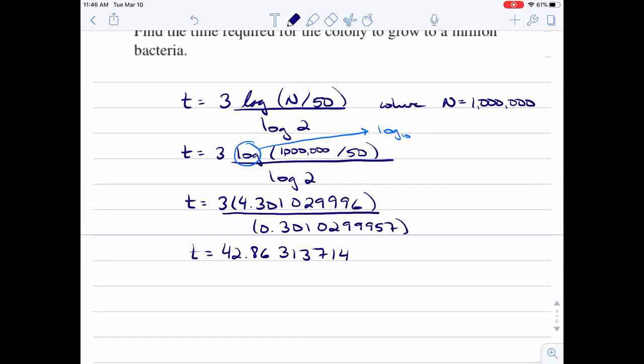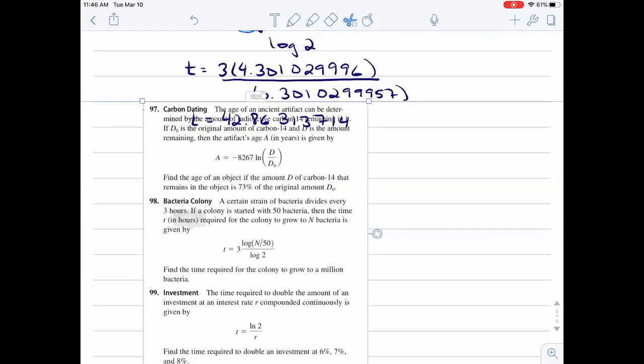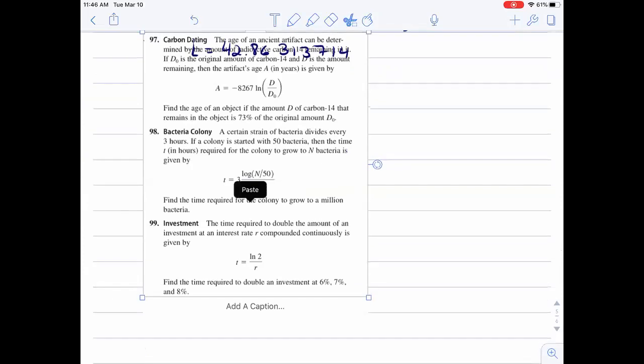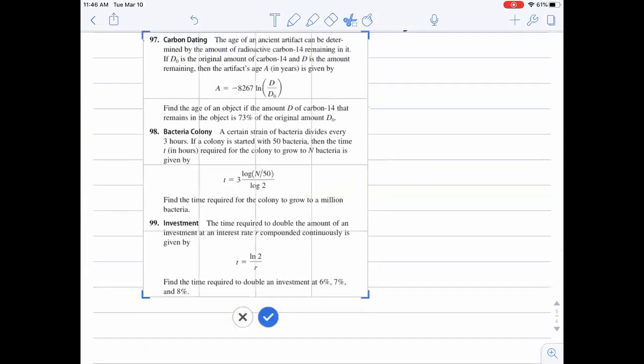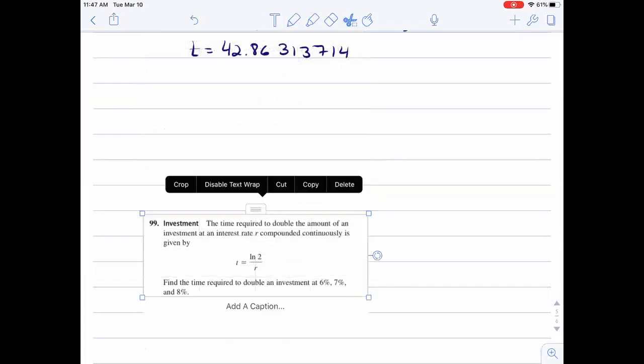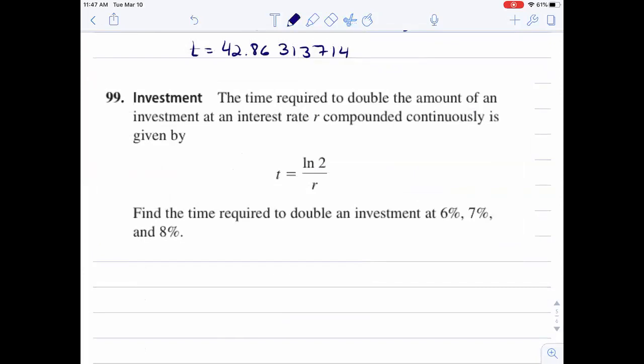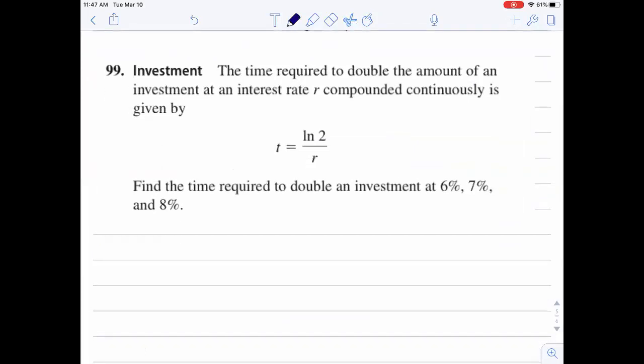Okay, cool. So that's the end of that. How about we work on this super cool one, 99, because this is actually a real thing. It's called the rule of 72, and I could show you how the rule of 72 works.